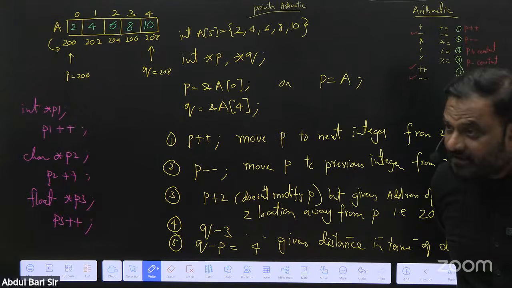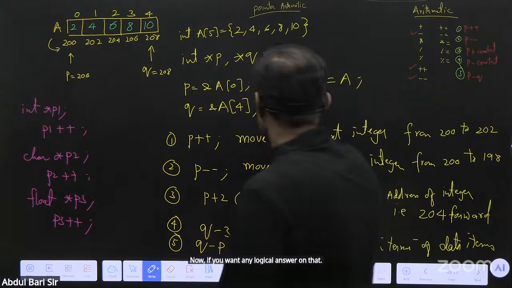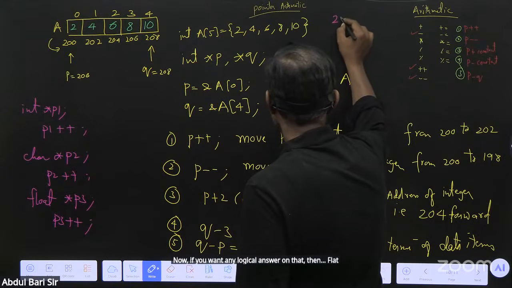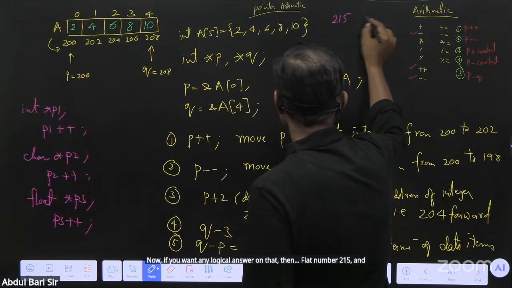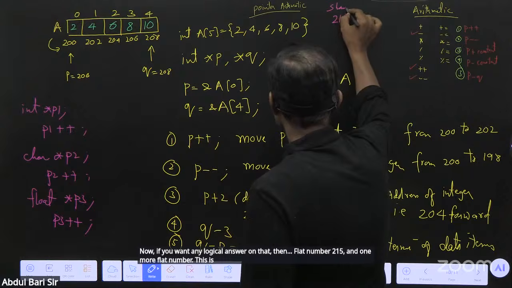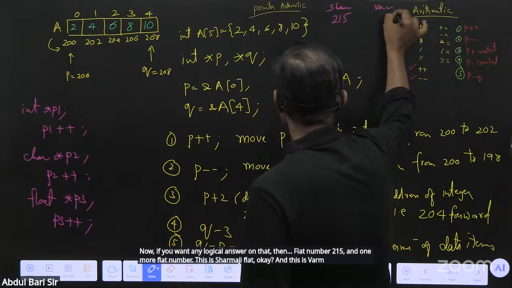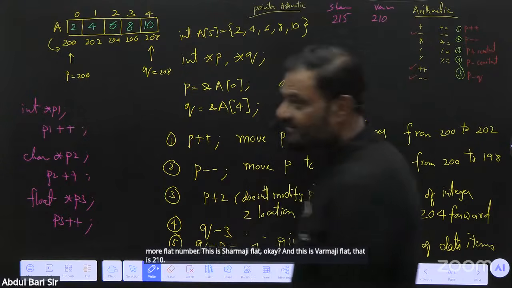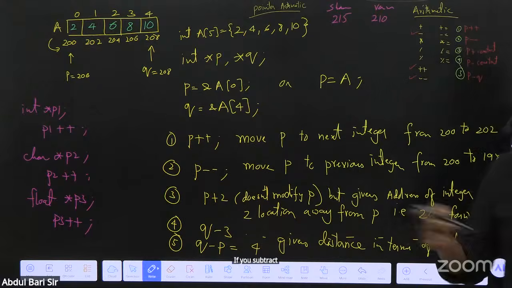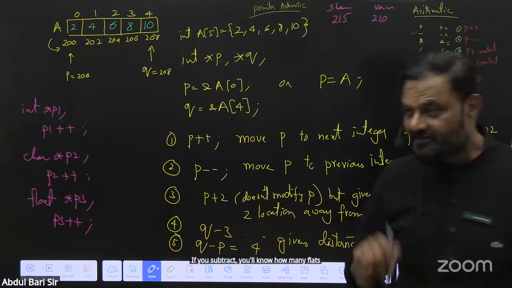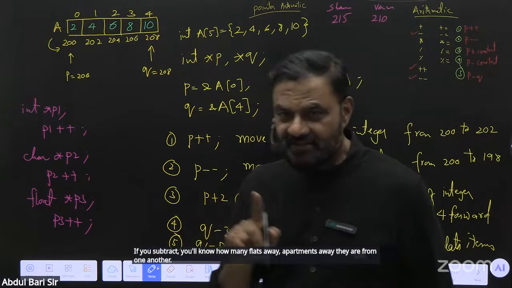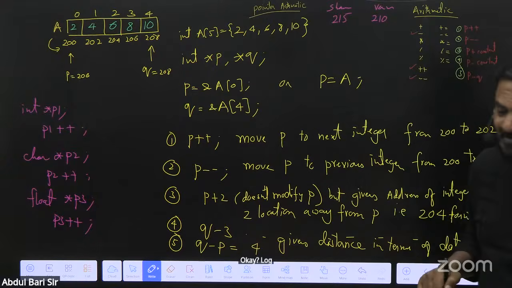Now, if you want any logical answer on that, take flat number 215 and one more flat number. This is Sharmaji's flat, and this is Varmaji's flat, that is 210. If you subtract, you'll know how many apartments away they are from one another. Logical reasoning I am giving.